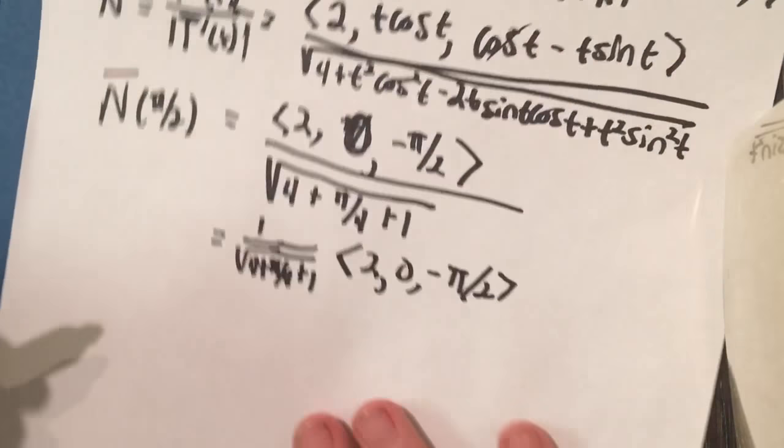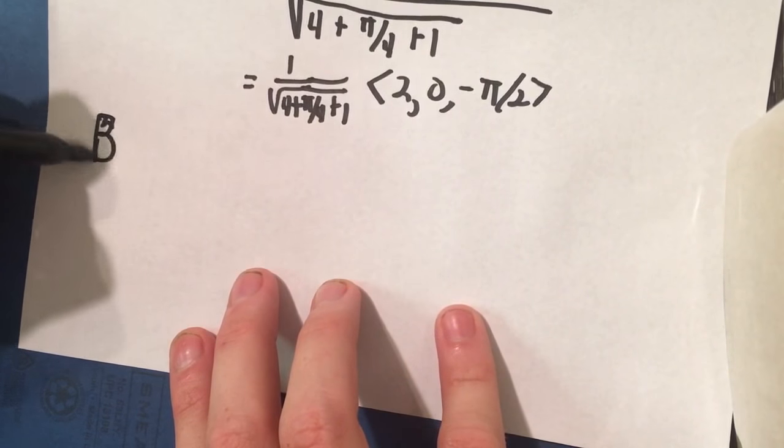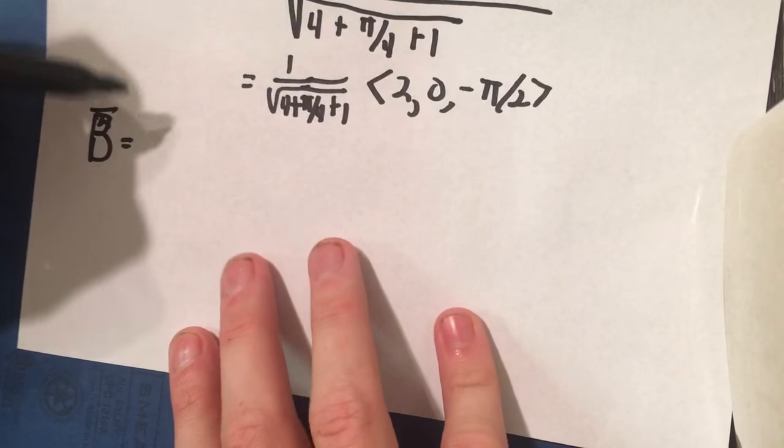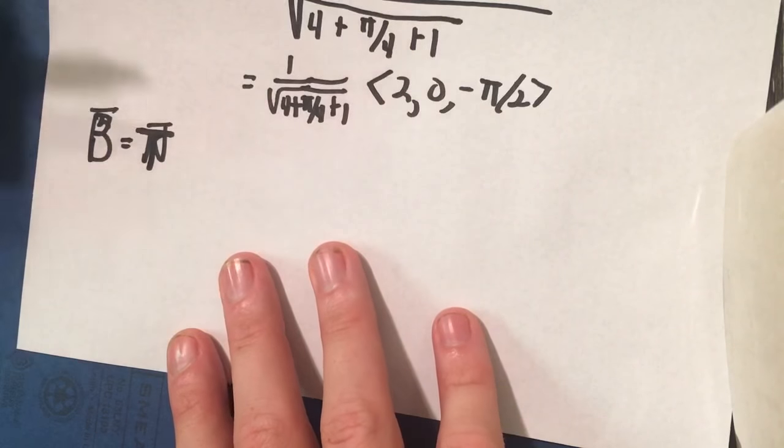All right, now when we're finding the unit binormal vector, which we call b, we say that that is equal to the cross product of t, the unit tangent vector, crossed with the unit normal vector. It is very important which order you do this in.